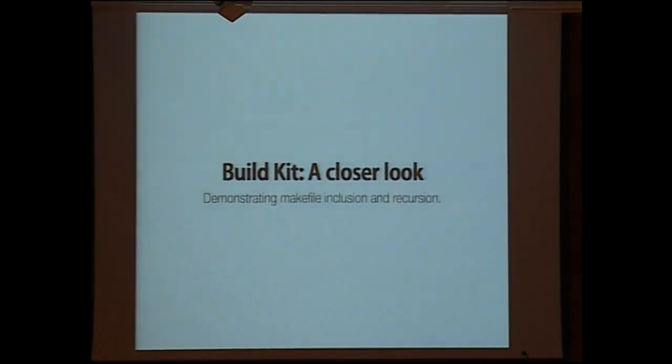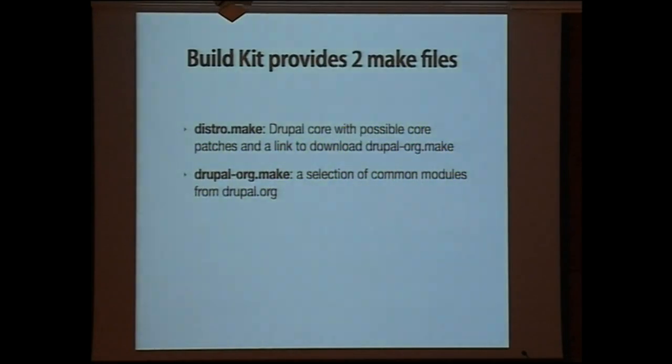So having a closer look at Buildkit Makefiles, we have two Makefiles. The first one is called distro.make. That is kind of a standard naming related to distributions. And this is Drupal core with possible core patches and a link to download the second Makefile.